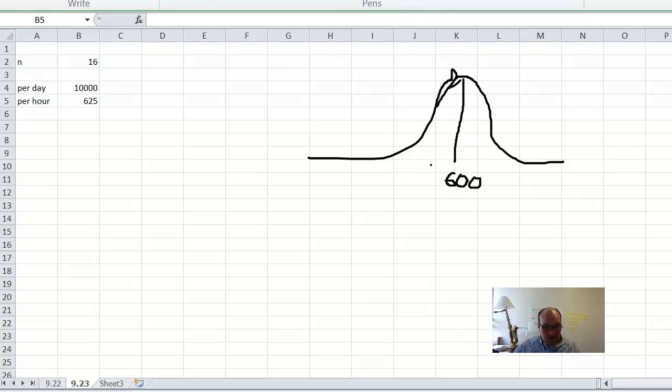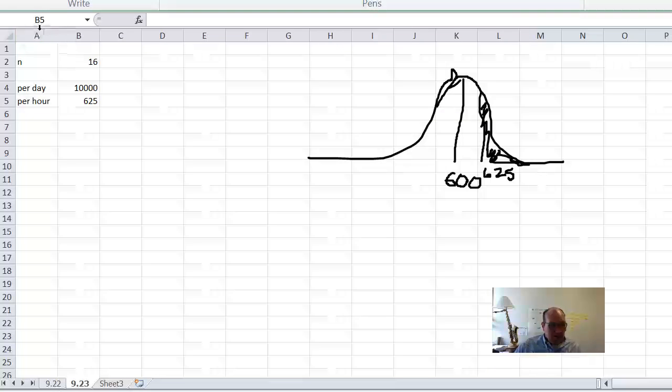So what does that mean on our picture? There's some number over here, 625, and we want to find the probability that something's bigger than that. Let me show you why in a second. I'll color this so I remember. So why is it bigger than 625?